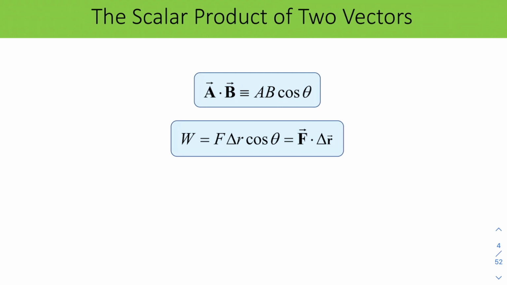Whenever you have vector A dot with vector B, it's equivalent to AB cos theta, and theta here must be the smallest angle between these two vectors. This is similar to this one, where work done is equivalent to F delta R, or delta X just now, cos theta. In math, this is equivalent to F dot delta R.